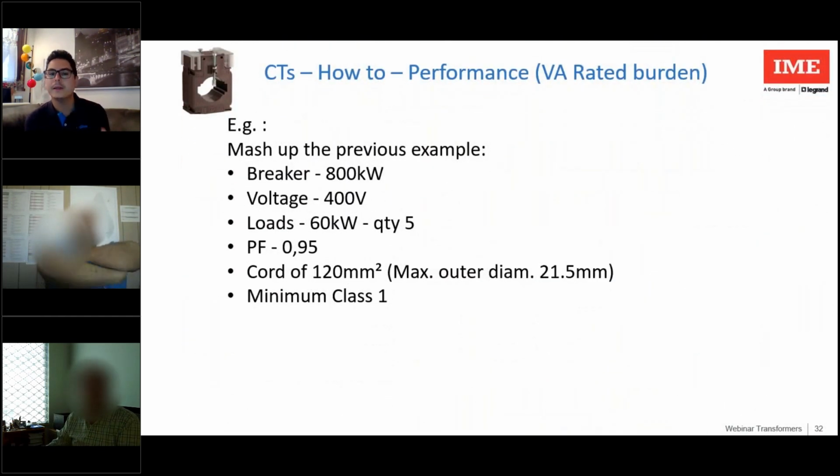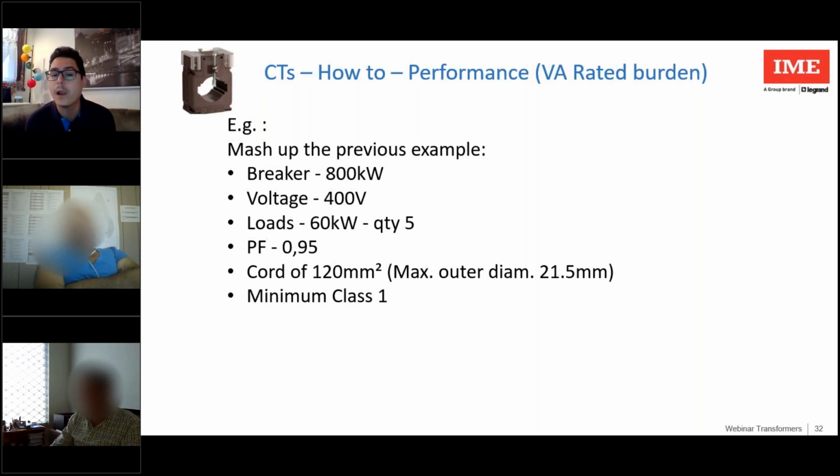So I take an example that merges the previous example. I have a breaker of 800 kilowatt that we say we don't take in charge. We have a voltage of 400 volt, 5 loads of 60 kilowatt, and a power factor of 0.95.